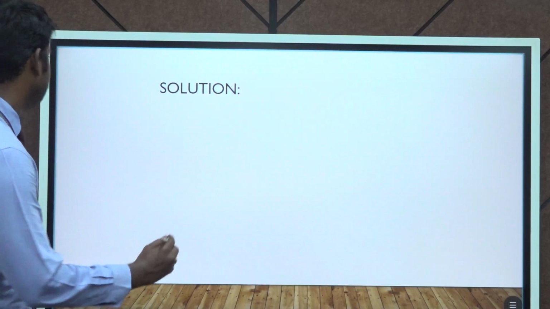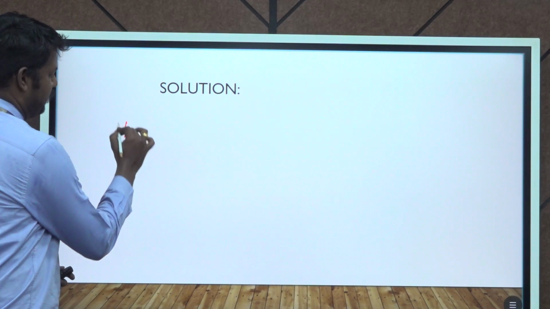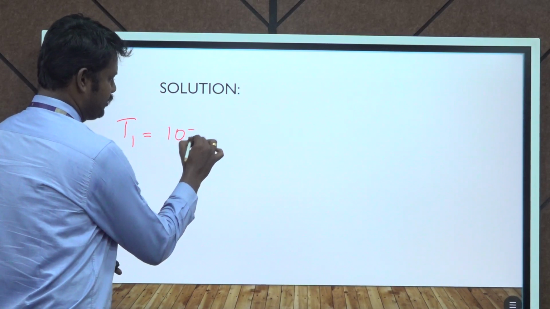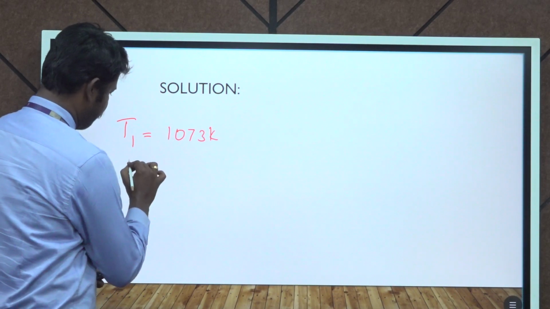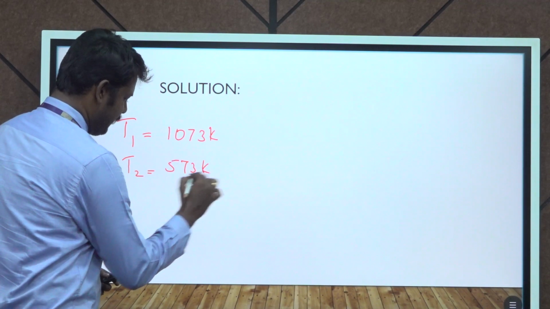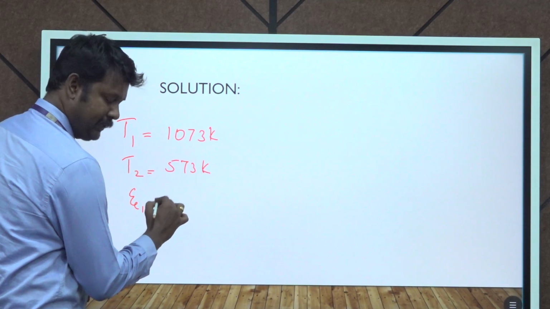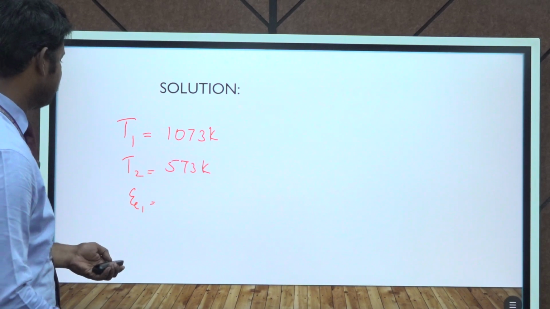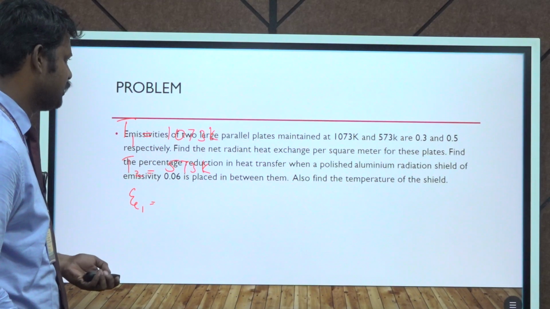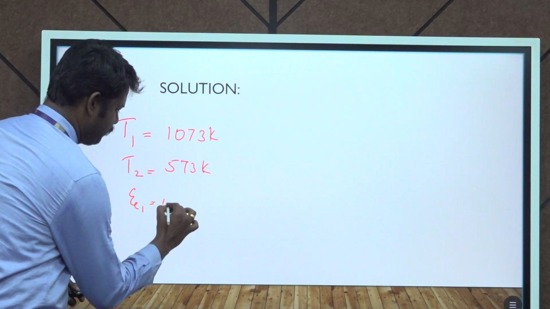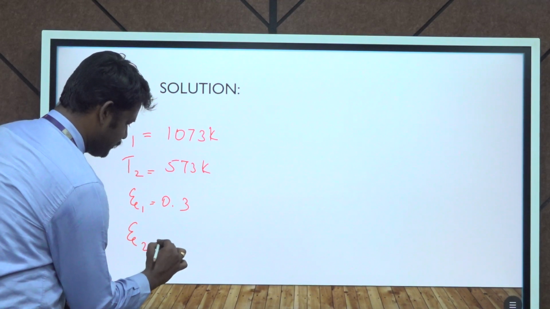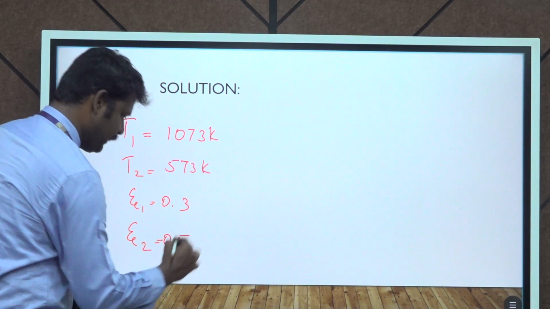First of all, T1, the temperature of the first plate, is given as 1073 Kelvin, and the temperature of the second plate is 573 Kelvin. The emissivity of the first plate is 0.3 and the emissivity of the second plate is 0.5.